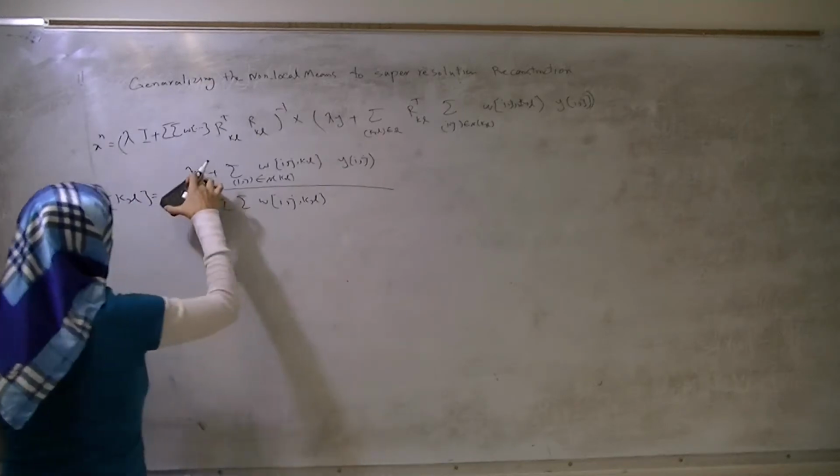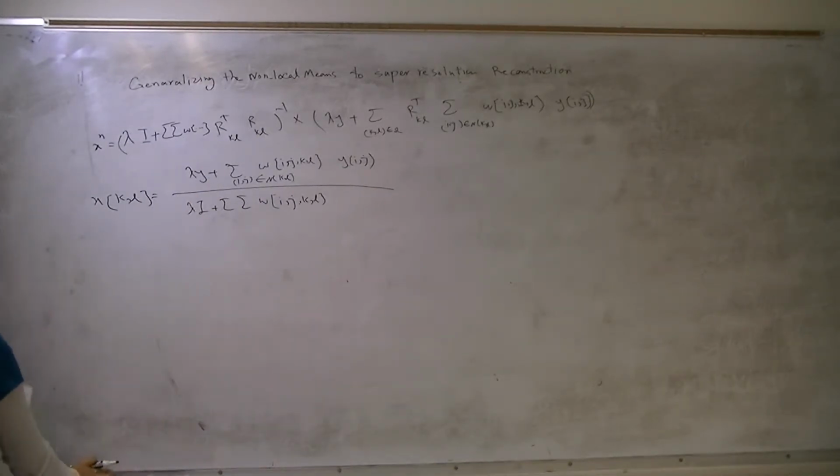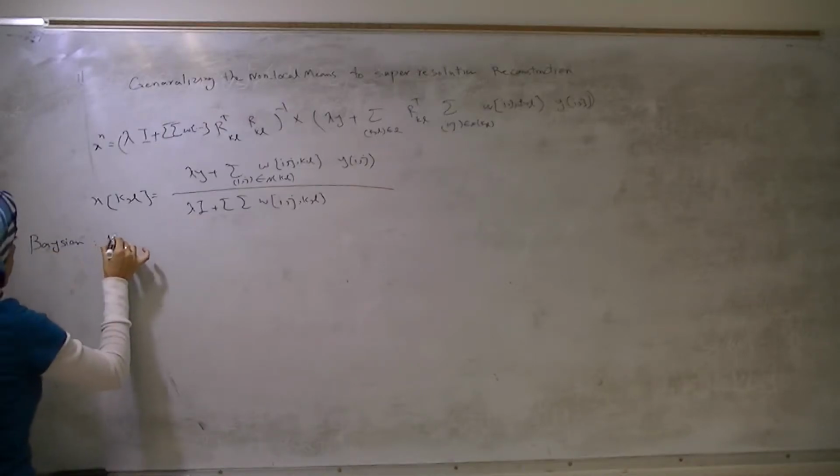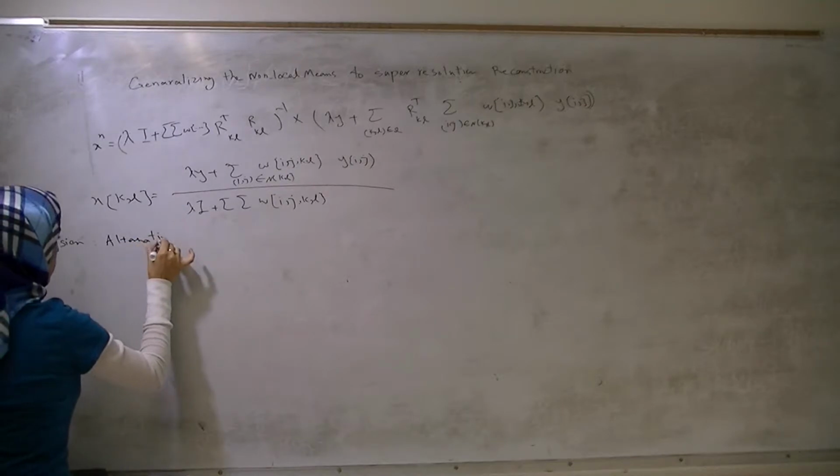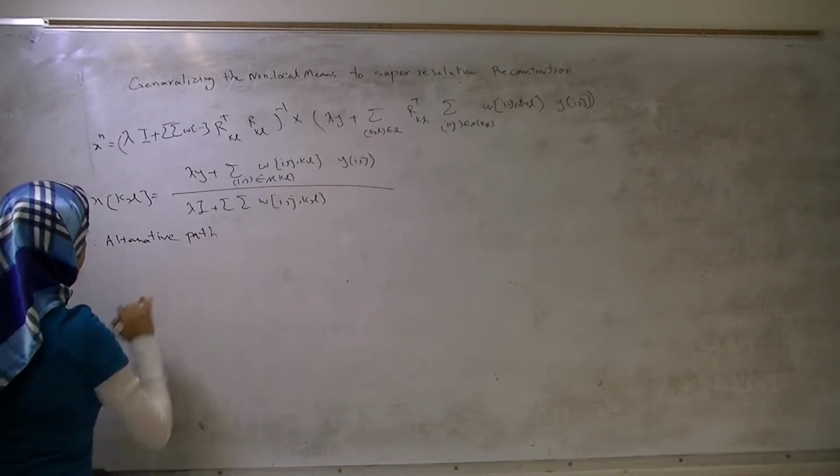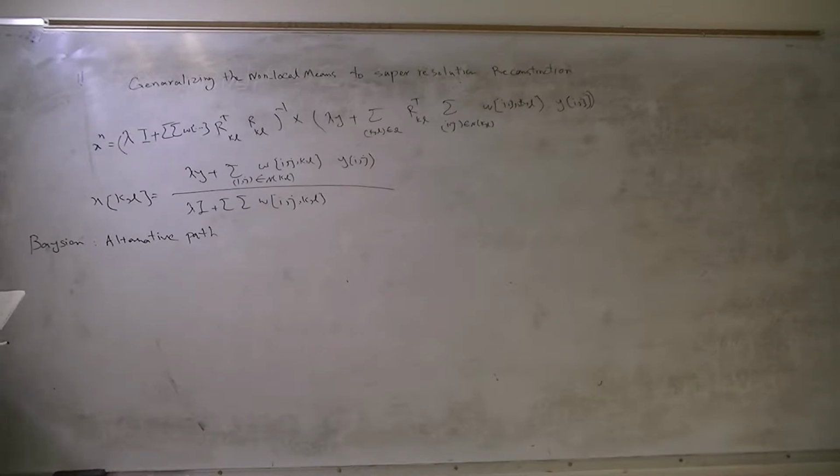The first one is just to have the lambda y. The first method is an alternative for the denoising formula. We assume that the x0 is equal to y, and you will try to find the x1.